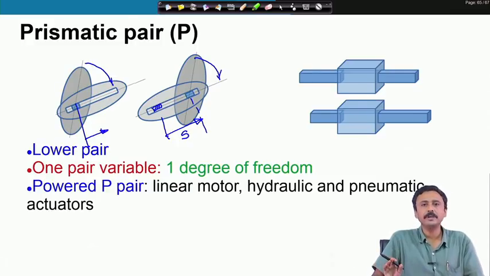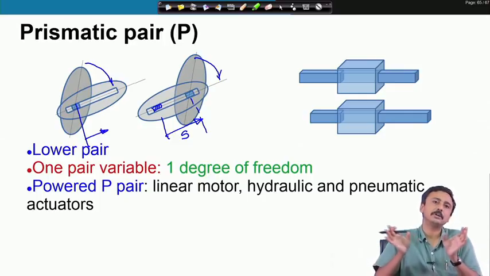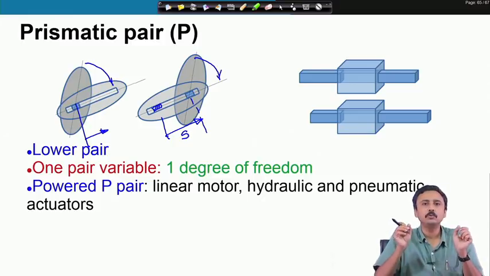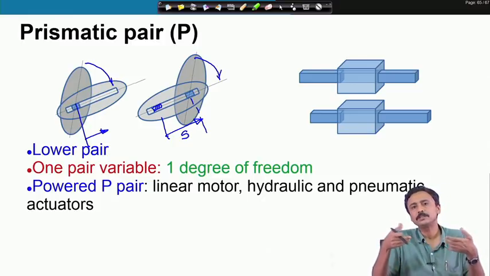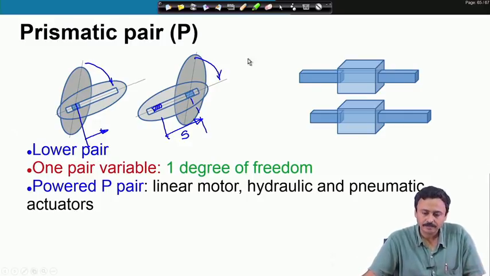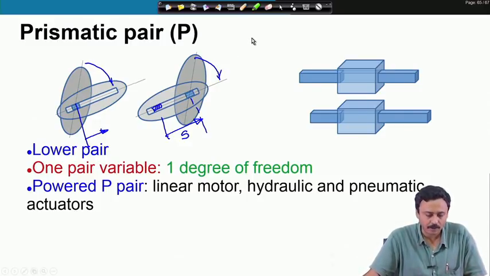A powered P pair is a linear motor. It could be a hydraulic or a pneumatic actuator as well. So, in a hydraulic or pneumatic actuator, you have relative sliding between two links, two rigid bodies, and that is powered. That is a powered P pair.